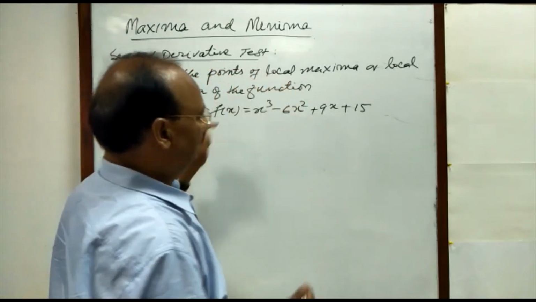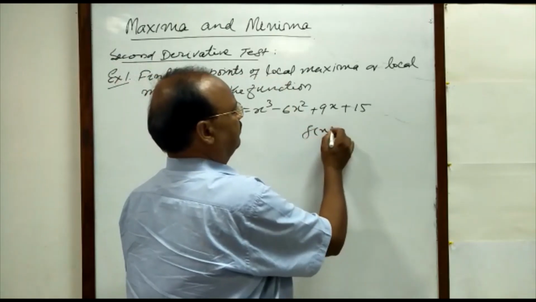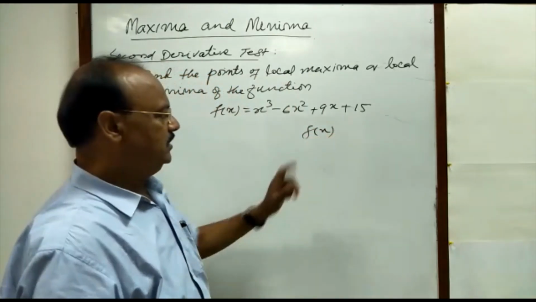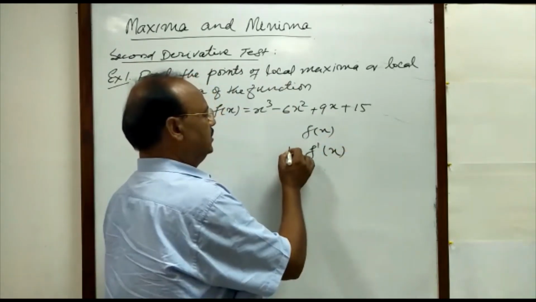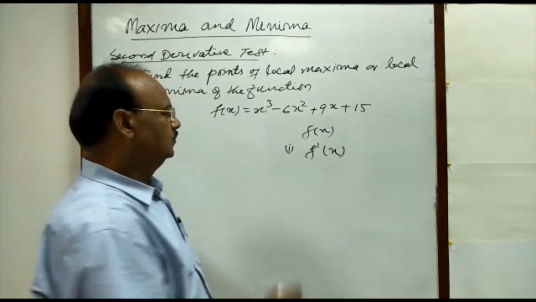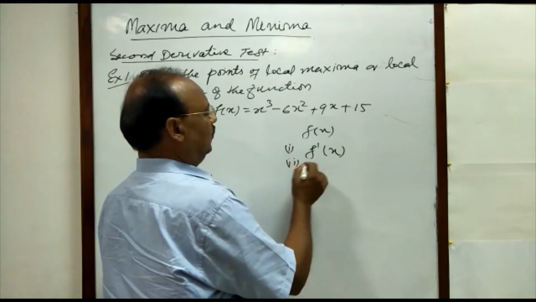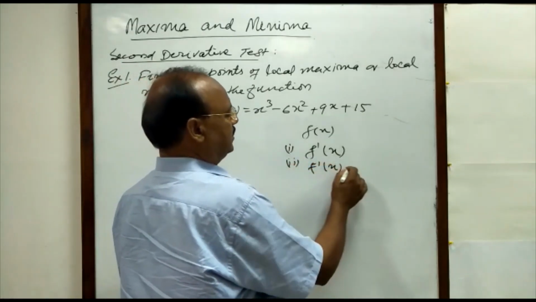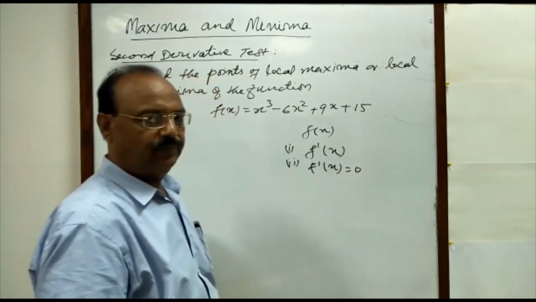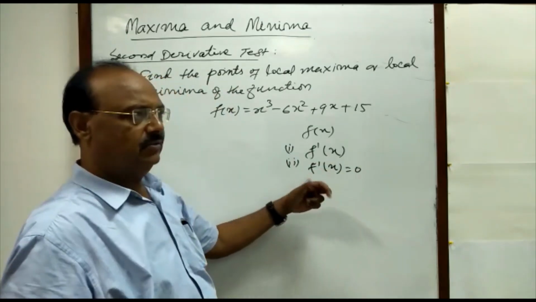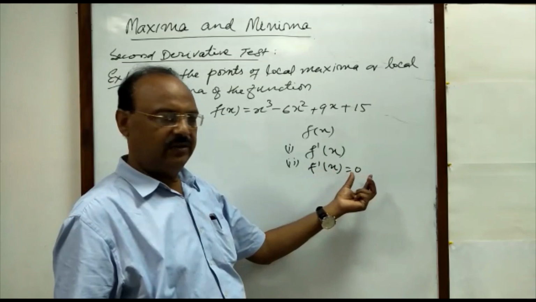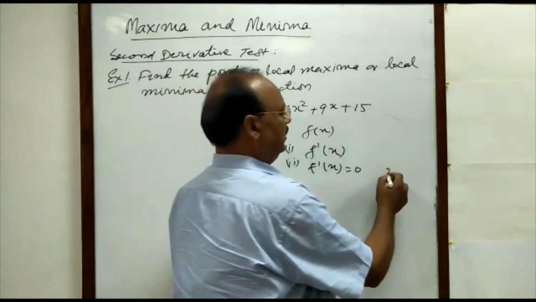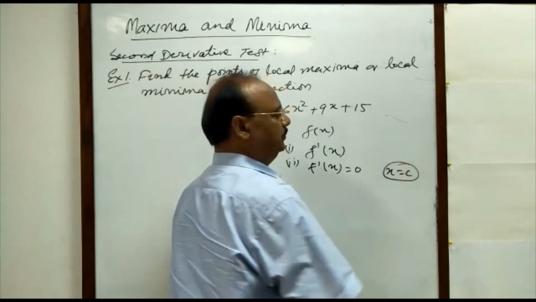First of all, suppose if f(x) is a given function, then first step you find out f dash x. This is the first step. Second step, equate f dash x with 0. You will get some values of x. Suppose equating f dash x with 0, you are getting here x is equal to c.